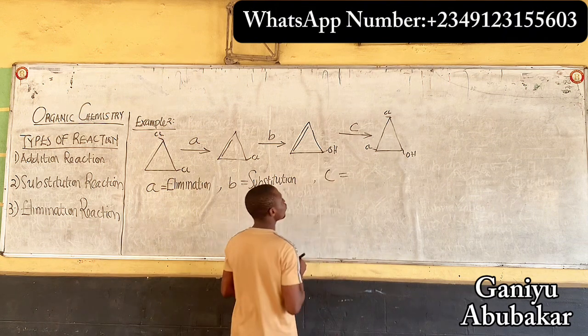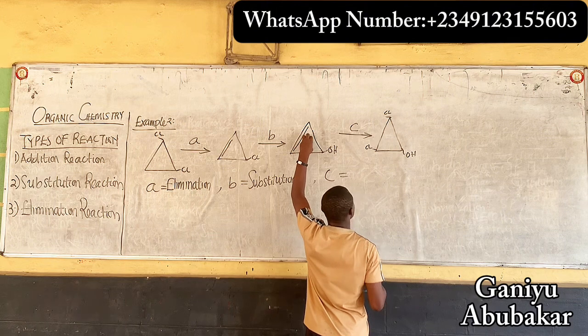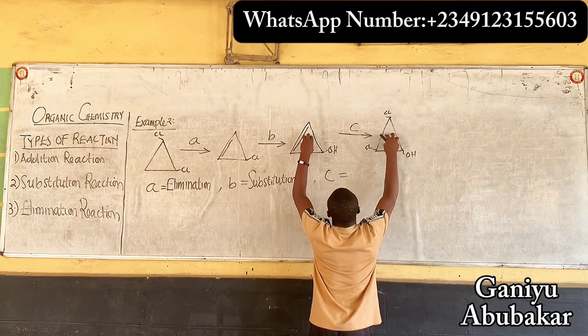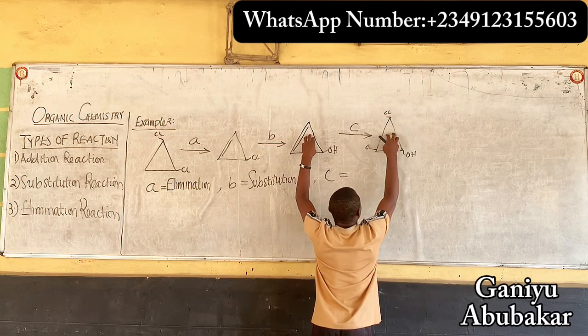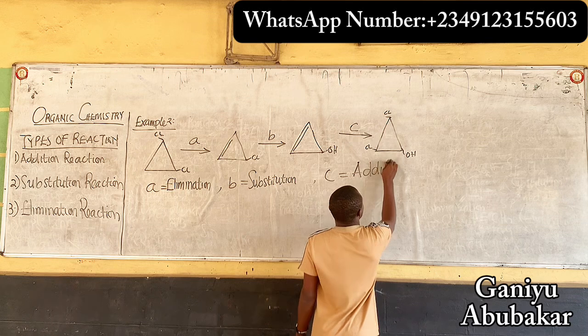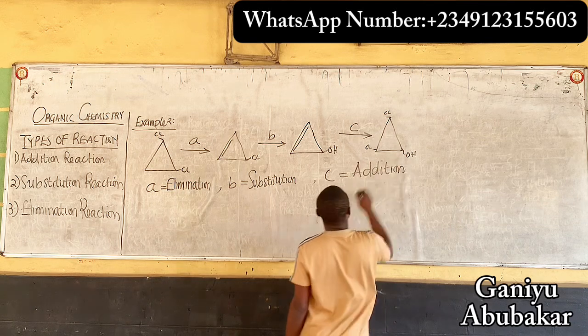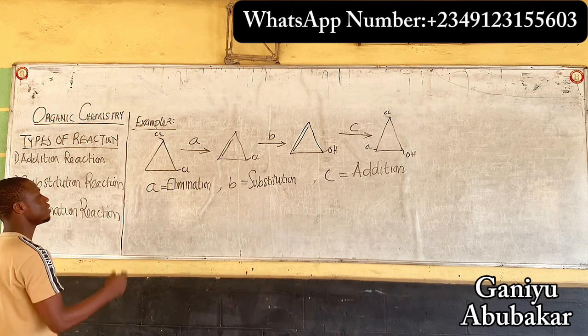Let's get C. What of C? The structure goes from an alkene to an alkane, a bigger to a smaller. A bigger to a smaller signifies what? An addition reaction. So A is elimination, B is substitution, and C is addition.